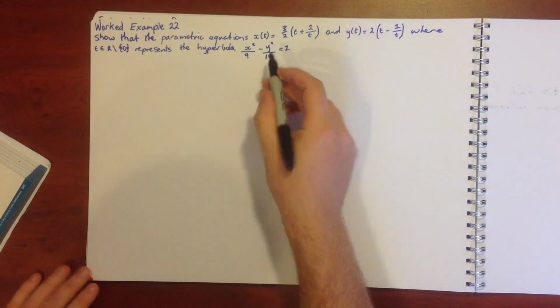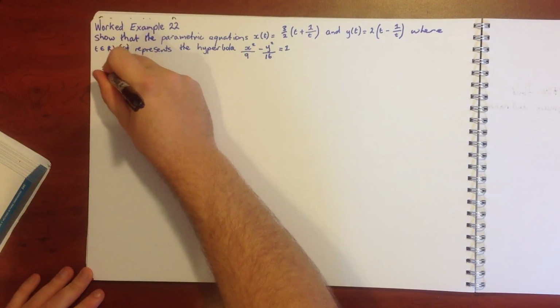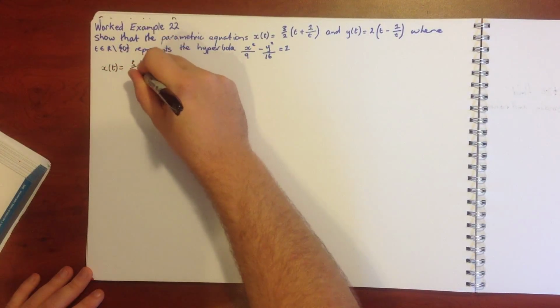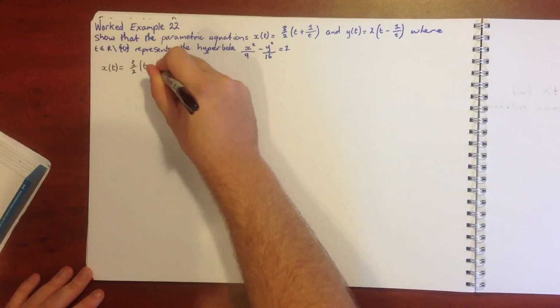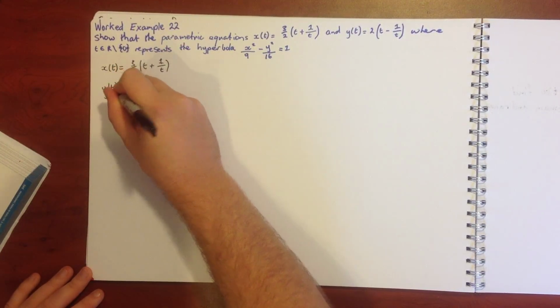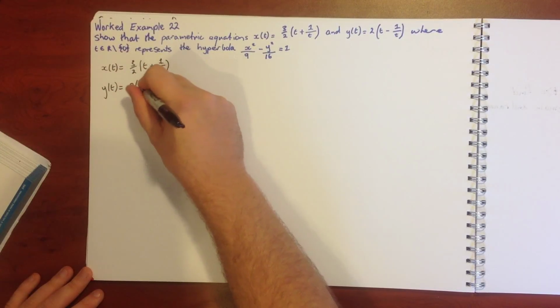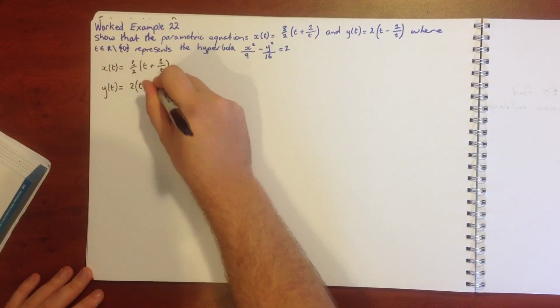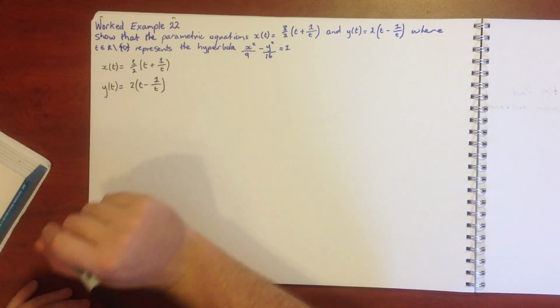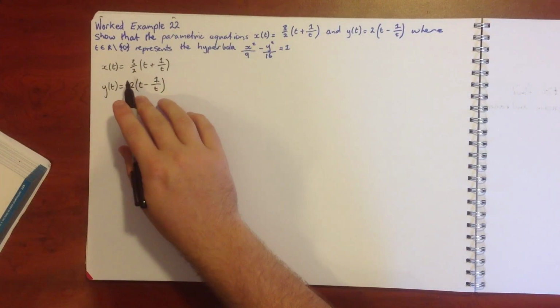Okay, so we need to start off just write down our equations that we've got. So we've got x of t is equaling 3 on 2 times t plus 1 on t, and y of t is equal to 2 times t minus 1 on t. Okay, so we want to just rearrange these a little bit.